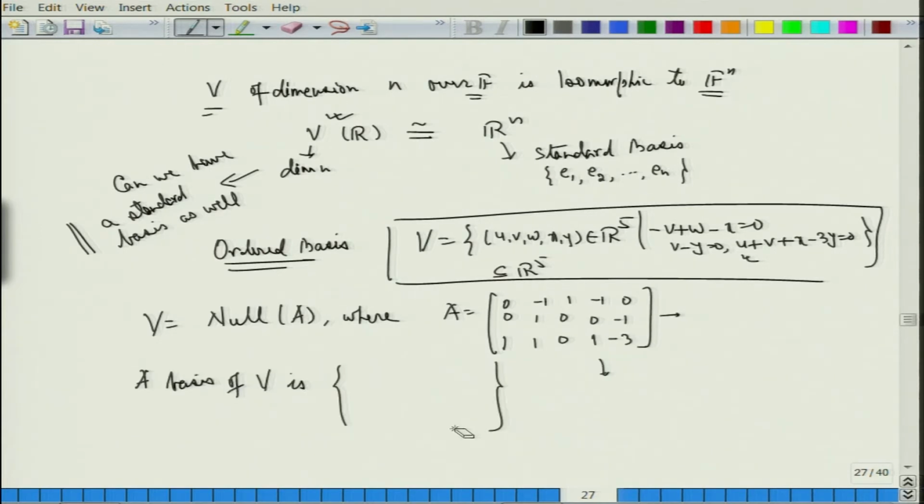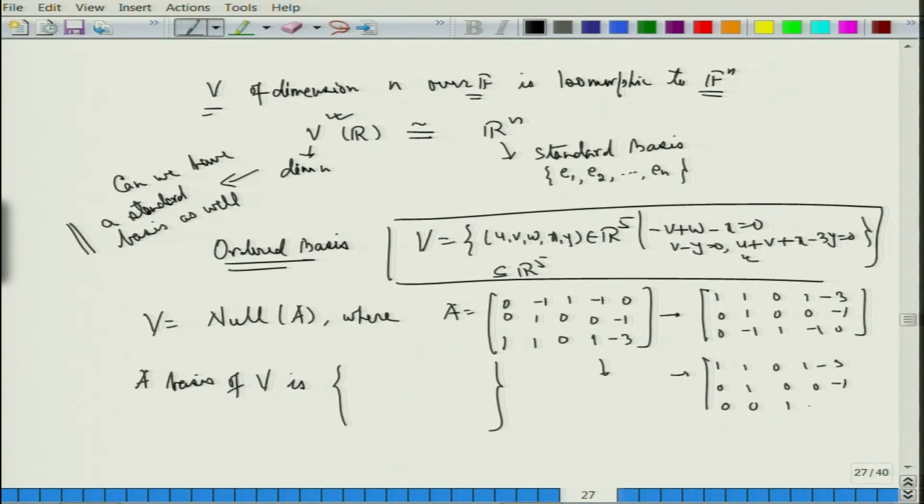So what you are supposed to do is look at the RREF of this. Just add the last two rows.